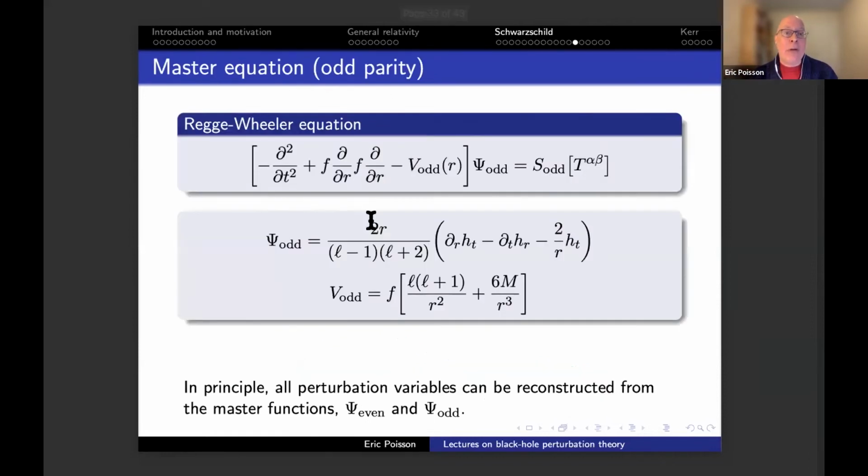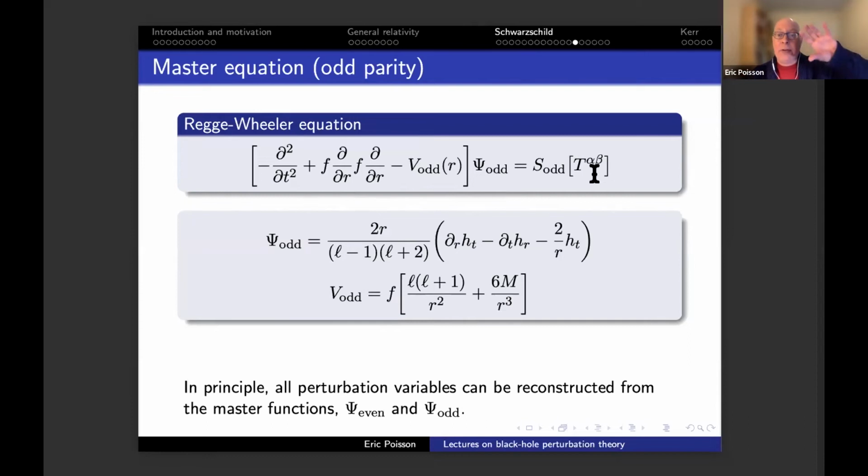For the odd parity sector, you have another packaging of the variables. The master function in this case is a combination of ht and hr that we introduced before. If you package it this way, you find that this master variable satisfies the same type of master equation as before, but with a different potential that looks a little bit simpler. Again, you have a source term for that master variable that can be constructed from the energy momentum tensor.